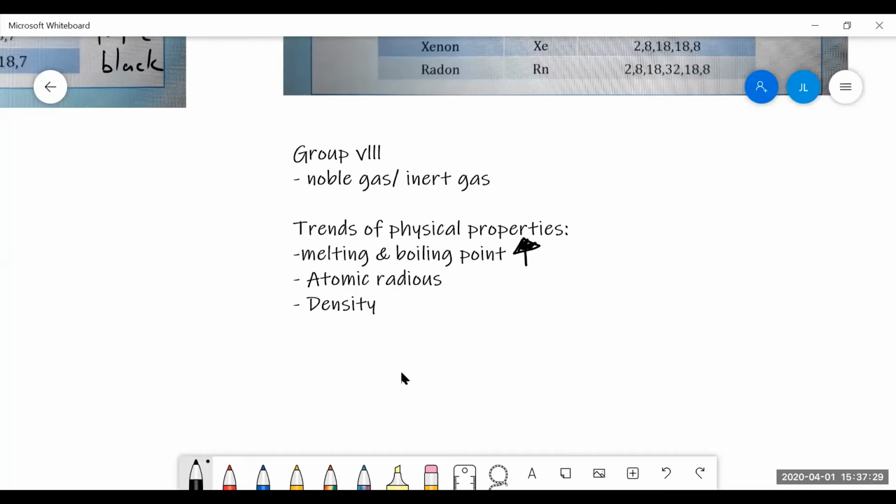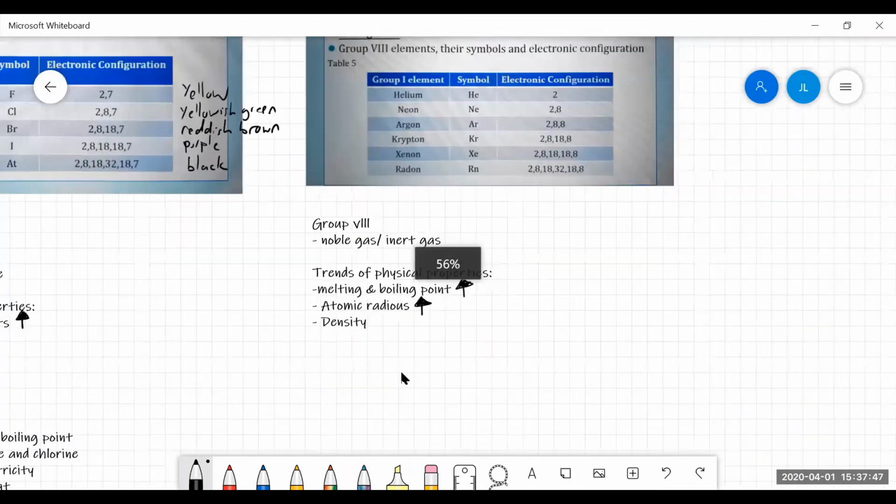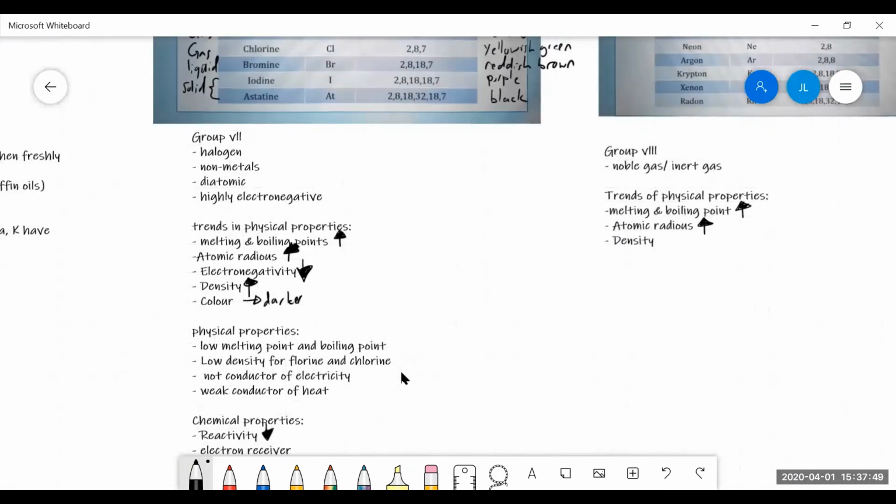Atomic radius always increases down the period. How about density? It decreases. Wait, no. Atomic radius decreases, right? No, it increases. It always increases down the period. You see, it never changes.